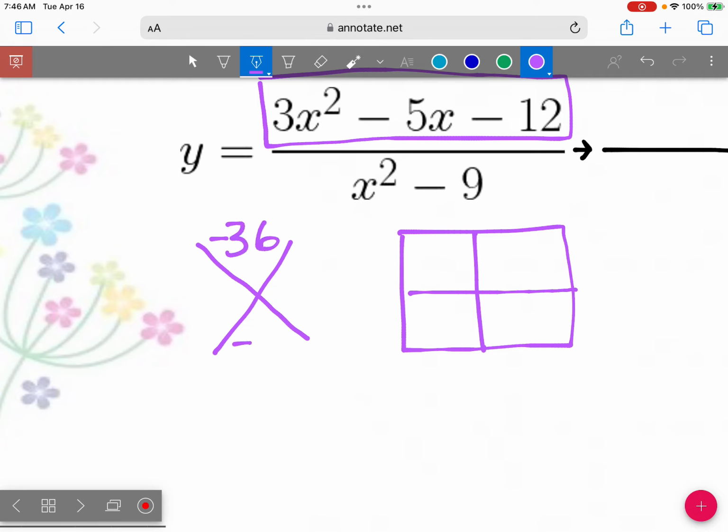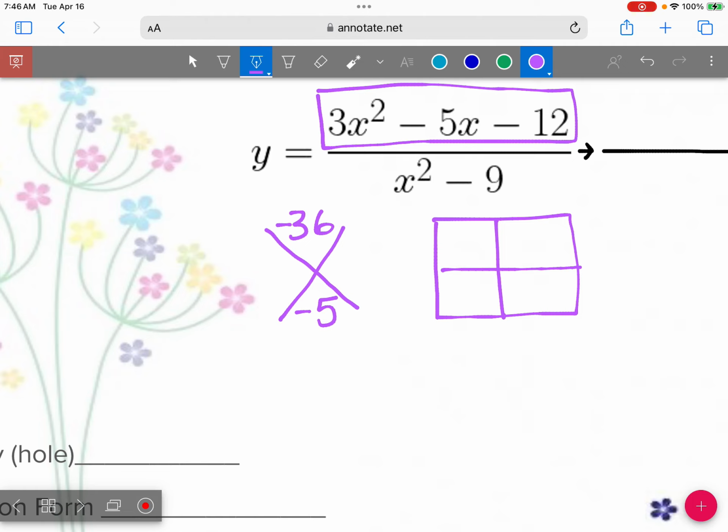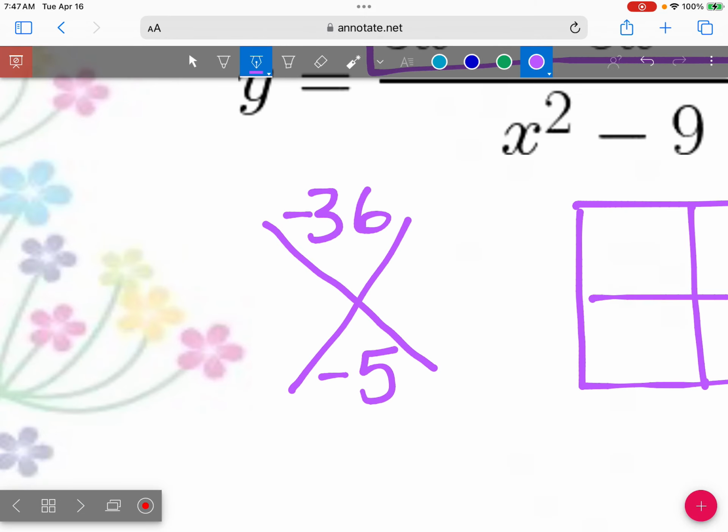And we want to know a pair that multiplies to make negative 36 and adds to make 5. Oh, 9 and negative 4. Yeah, 9 and 4 will do it.